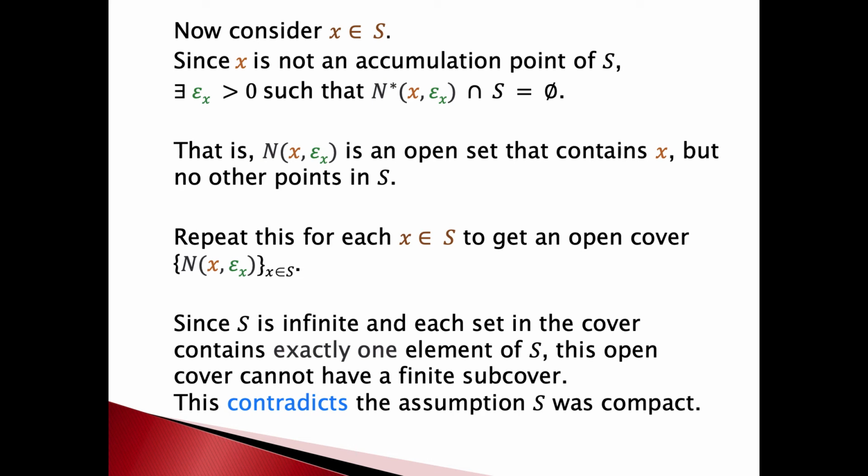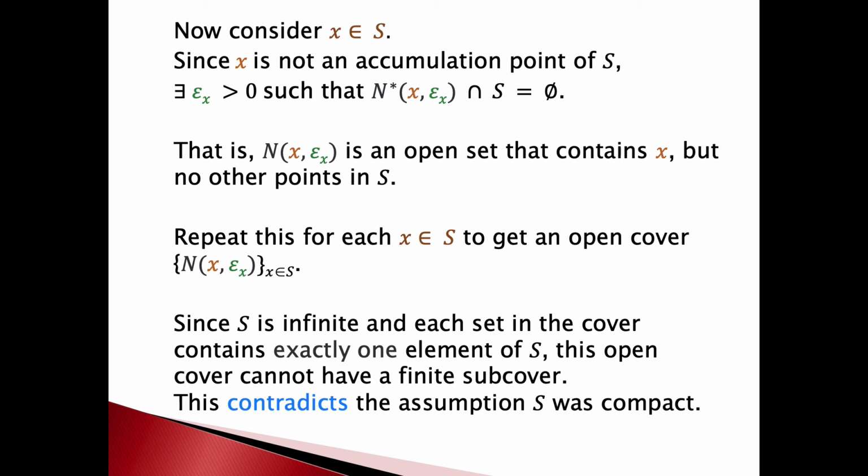And why is that a problem? Well, because if I looked at only finitely many of these sets, then I'd miss stuff. Remember, each of these open sets contains one single point of S. So I need all of them. As soon as I throw one away, one of these neighborhoods, I'm not covering up one of the points of S anymore.